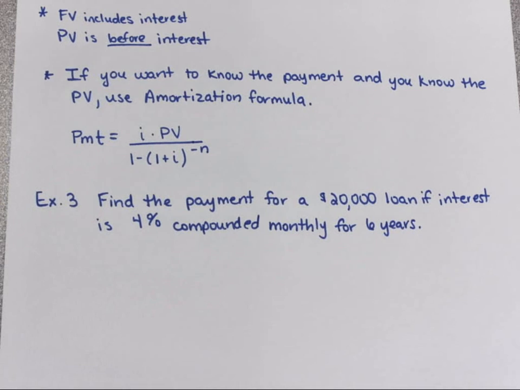By the way, of the two payment formulas, this is the one I think is most applicable to everyday life, right? This would be like you want to get a car loan for $20,000 for 6 years and you want to know what your payment should be. Maybe you don't want to trust what the dealership tells you your payment should be. You actually want to know what it should be, okay?